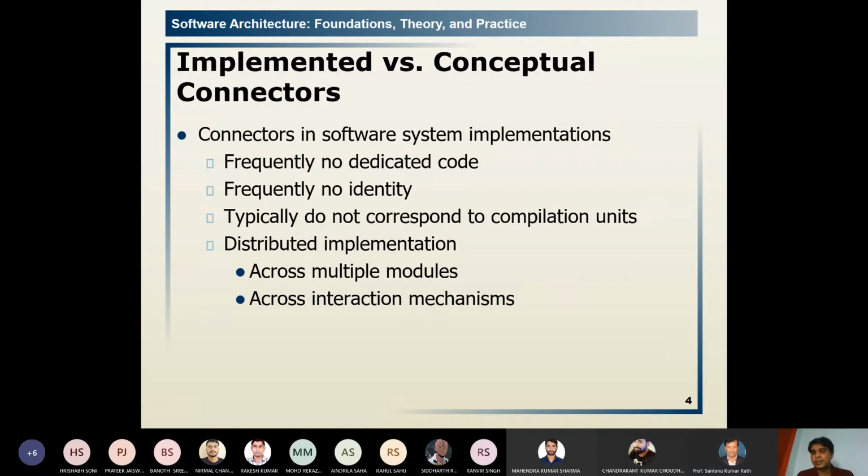Typically they don't correspond to compilation units, and they are typically distributed implementations. In a software system implementation, these are the main things you can find: the distributed implementation across multiple modules and across interaction mechanisms.